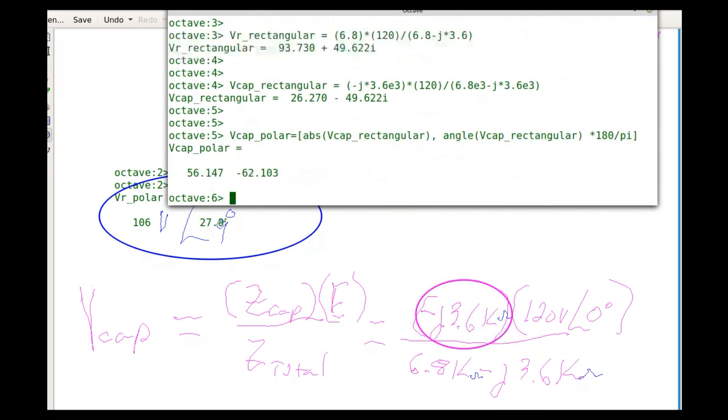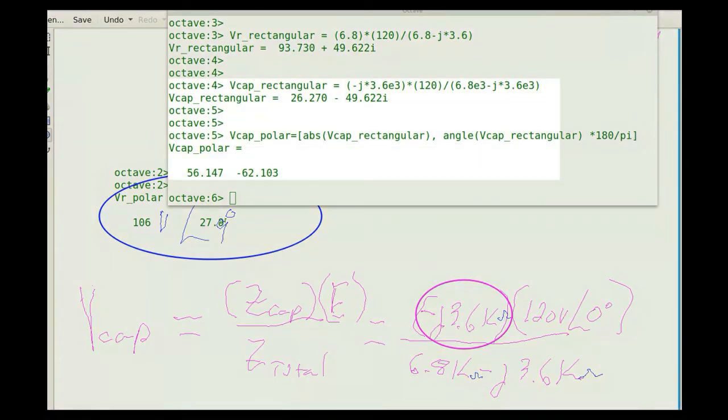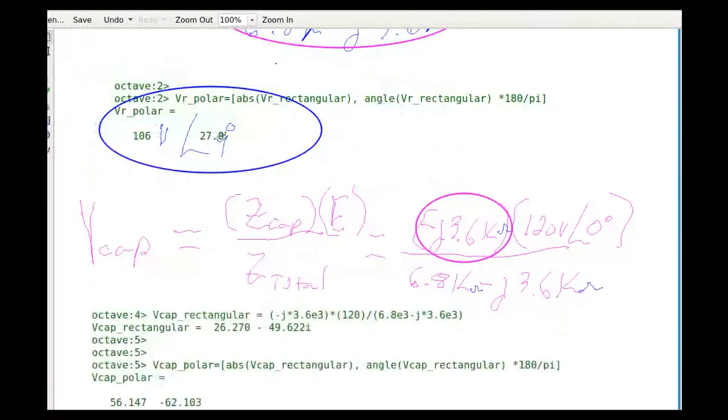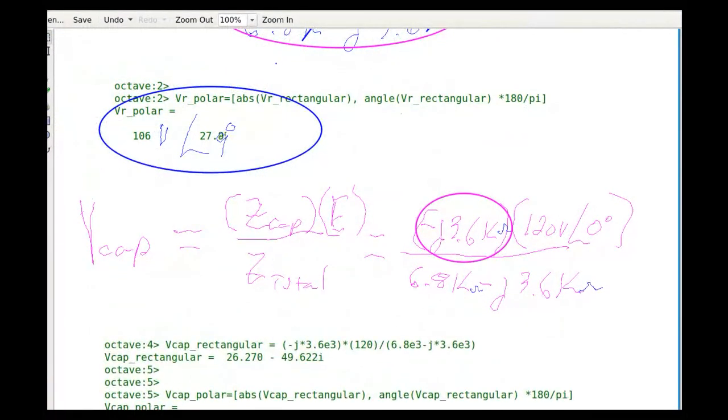Okay, so very quickly, boom, that gives me the voltage of the capacitor. And so I'm just going to paste that down in here so then I can draw on the angles and whatever.